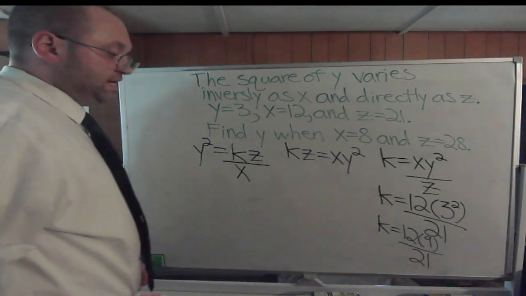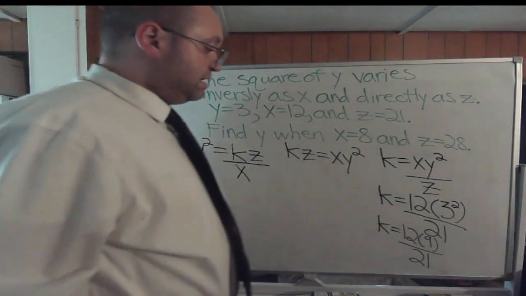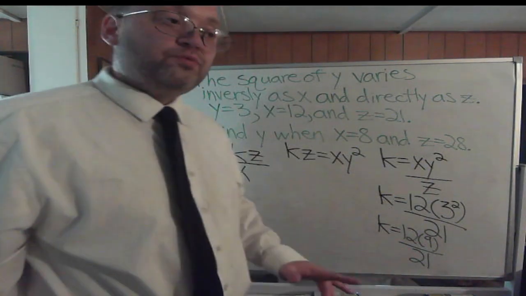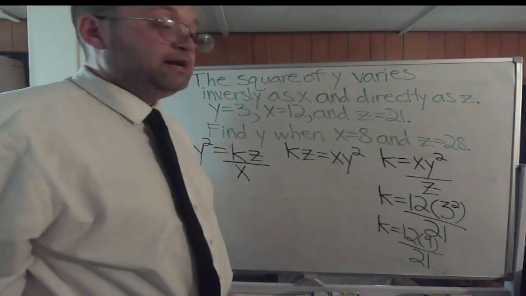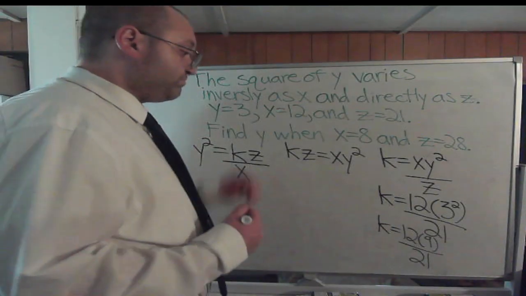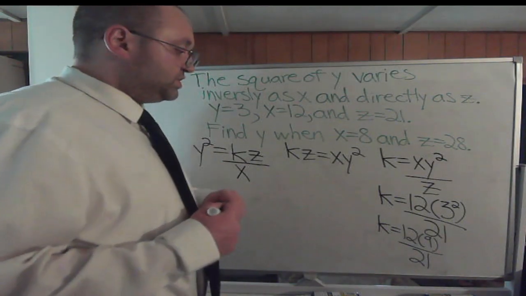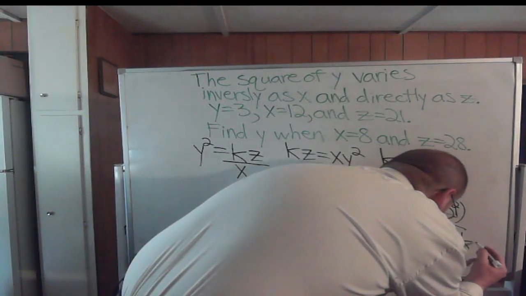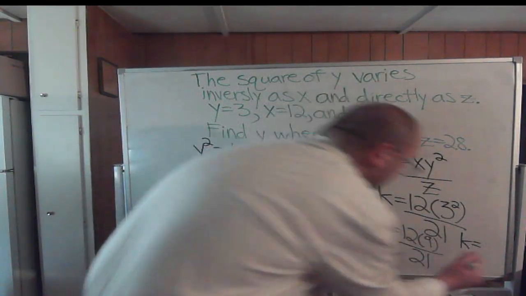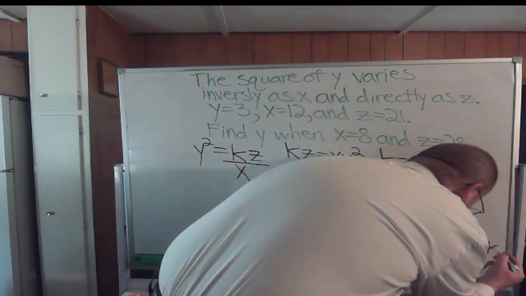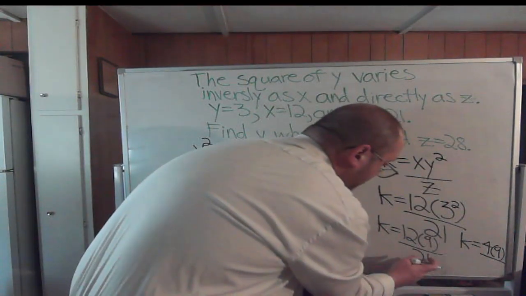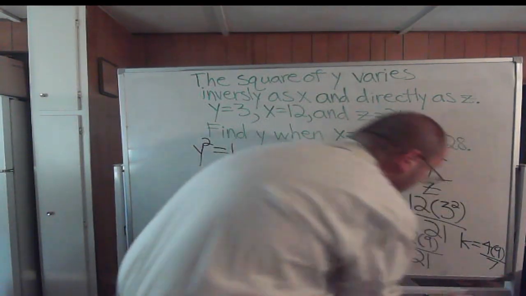Well, pick your poison. 12 and 9 and 21, all three have a common factor of 3, do they not? So I'll go with 12. We'll get k equals 12 divided by 3, which is 4, times 9, all over 21 divided by 3, which is 7.